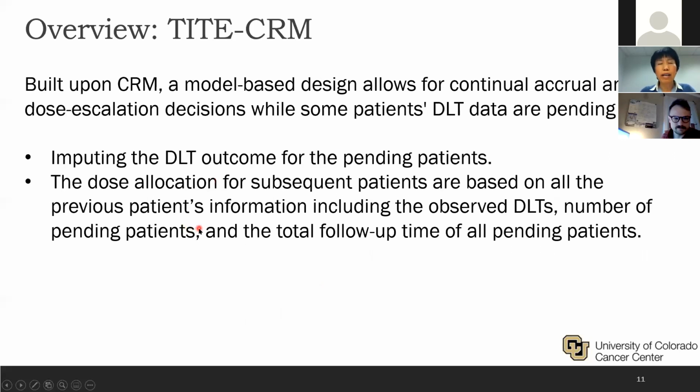Another design is the time-to-event CRM, which is built upon the CRM. It is a model-based design which allows for continual accrual and dose escalation decisions while some patients' DLT data are pending. The time-to-event CRM accomplishes that by imputing the DLT outcome for the pending patients.